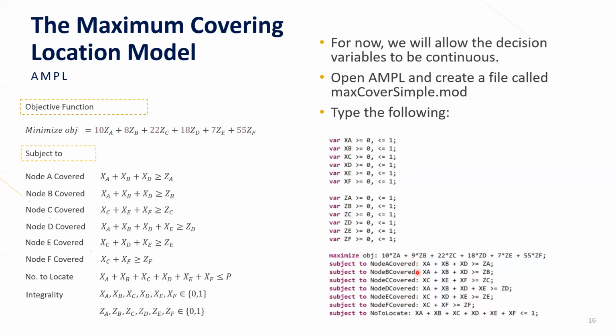And colon, XA plus XB plus XD greater than or equal to ZA. Okay, don't forget the semicolon here. All of these you need to translate. And here for the P, I set it equal to 1, so I just write less than or equal to 1. And for the integrality, for now, we simplified, we will not consider this first. Later, we will add this binary consideration here. I will mention it later.